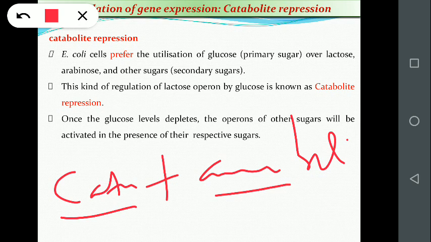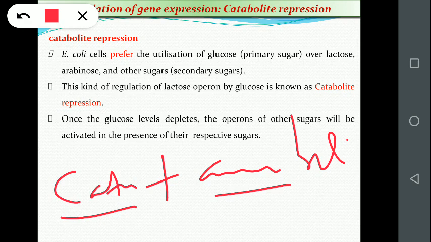If the primary sugar, glucose, is there, it doesn't matter whether lactose is present or absent, it simply utilizes glucose. If the glucose is depleted, only then will it see whether the lactose is there or not. If the lactose is there, it utilizes the lactose. If the lactose is absent, it won't switch on the lactose operon.